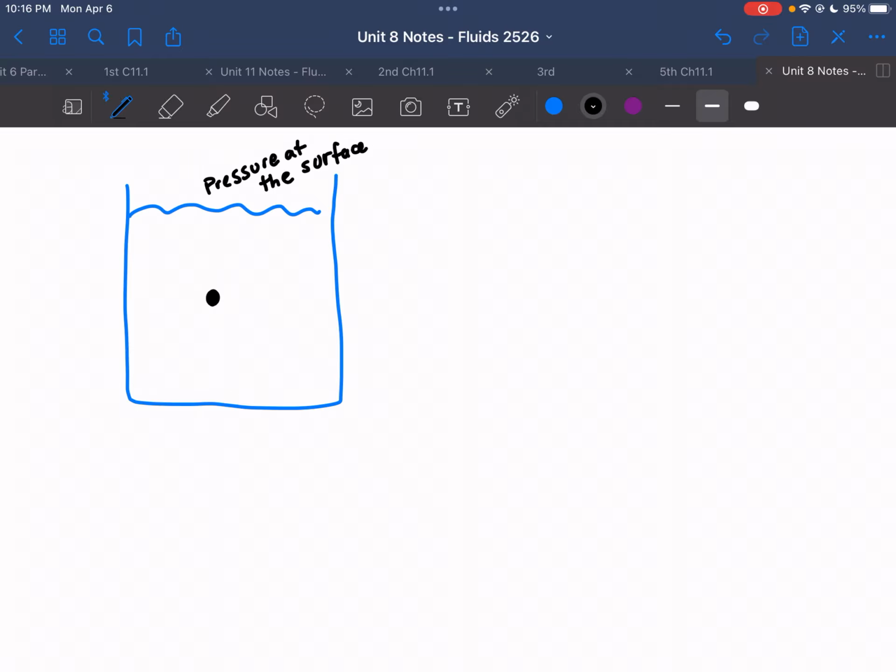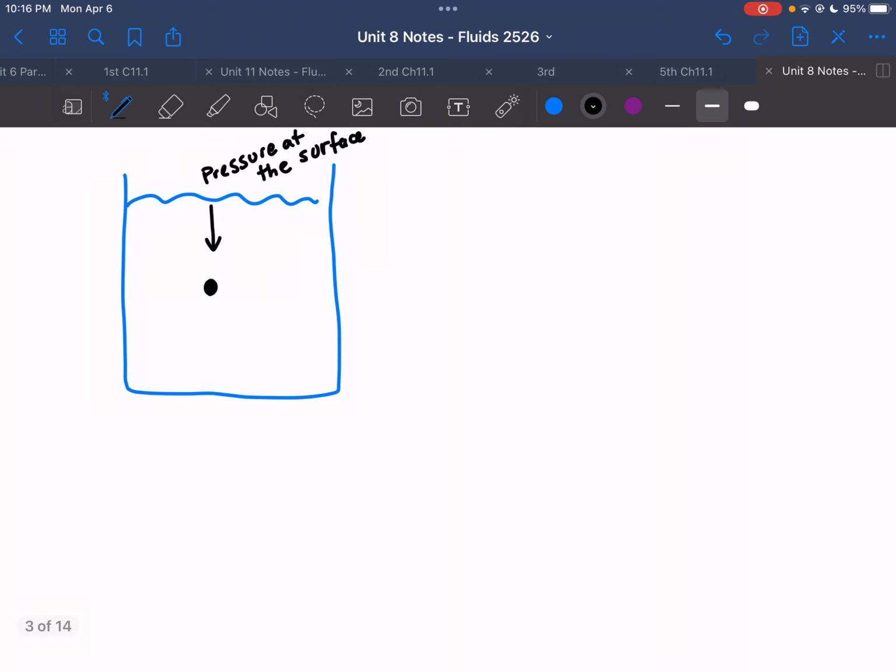And so the pressure at the surface is going to be applying this downwards force on our object. We also have the weight of this. The downwards force is going to be due to the pressure. Well, we know pressure is equal to force divided by the area. Therefore, force is really just the pressure times the area.